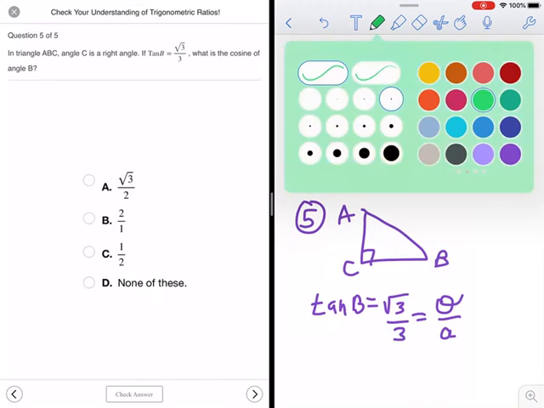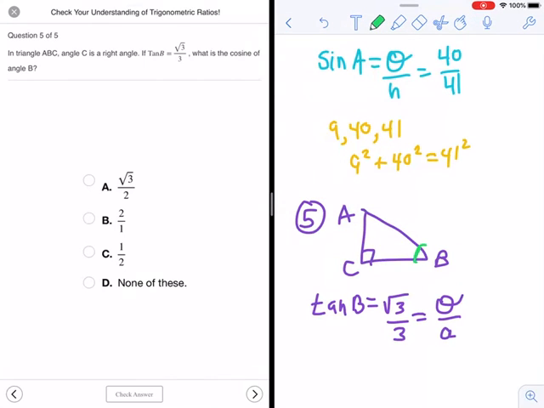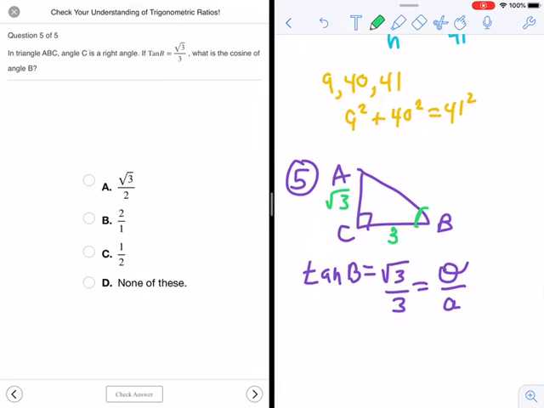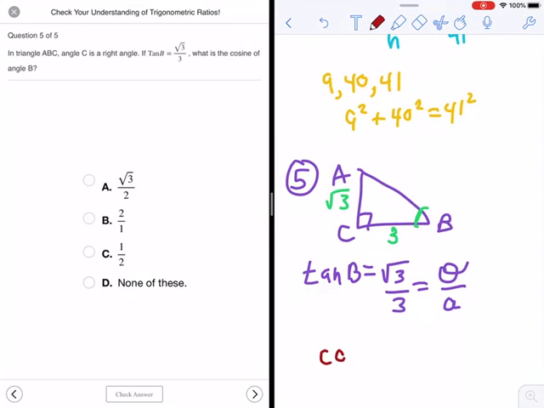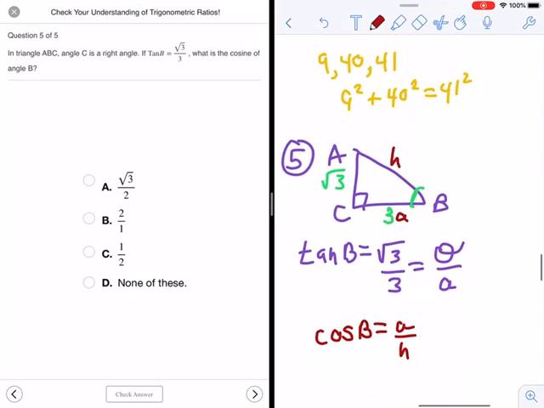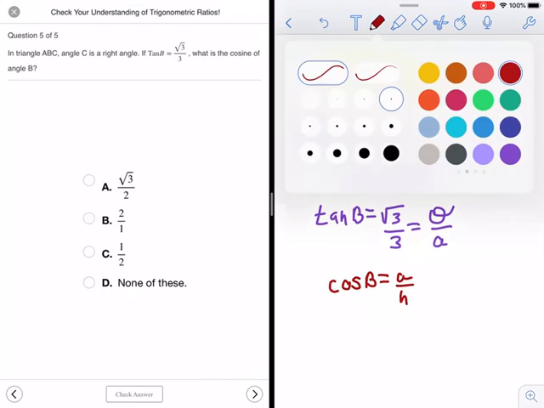So with respect to angle B, opposite side has to be radical 3. This side has to be 3. Okay. Now it's saying, what's the cosine of angle B, which is going to be adjacent over hypotenuse. So adjacent, hypotenuse. Alright. So basically what we have to do first is Pythagorean theorem.